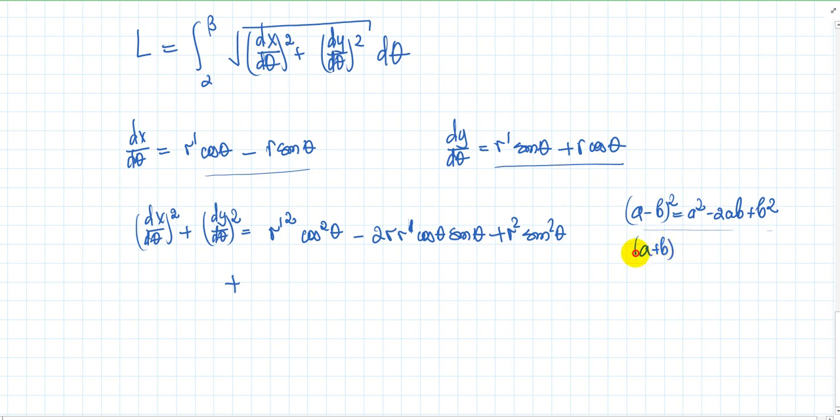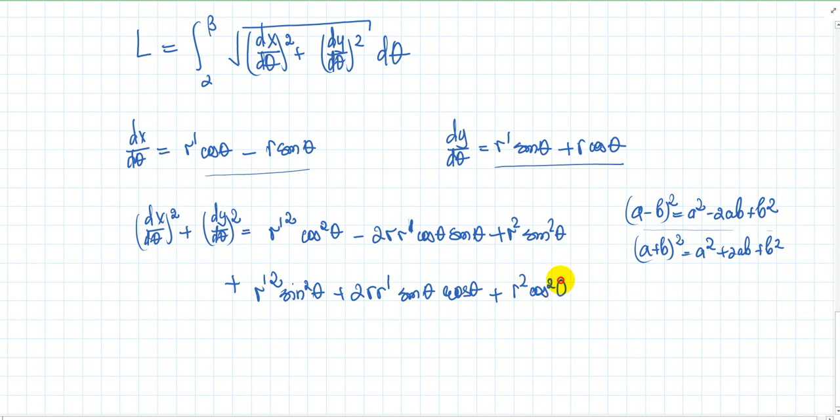A plus b squared is going to be the square of the first term plus 2ab plus b squared. So the square of this term is going to be r prime squared sine squared plus 2 r prime r sine of theta cosine of theta plus r squared cosine squared of theta.